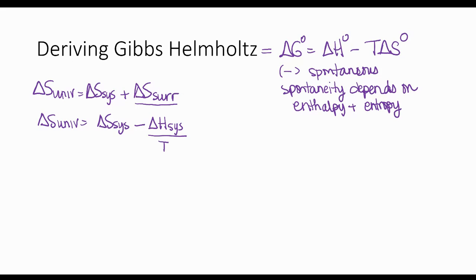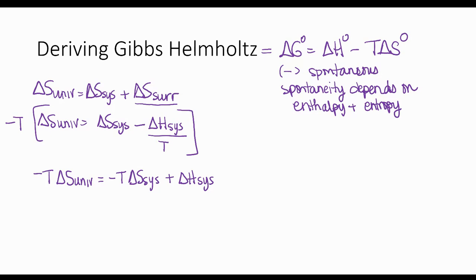Okay, and that's whether it's endo or exothermic, and the temperature decides the value of delta S of the surroundings. If I take this equation as written and multiply through by negative T, we end up with negative T delta S of universe, negative T delta S of system, plus delta H of the system.